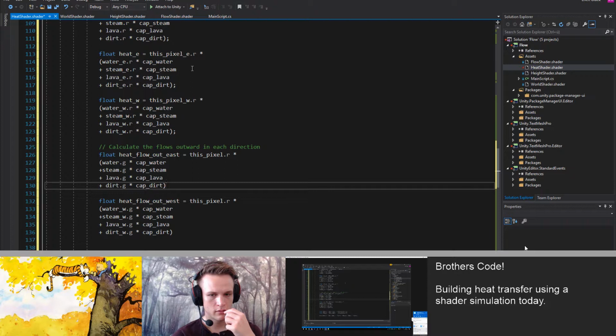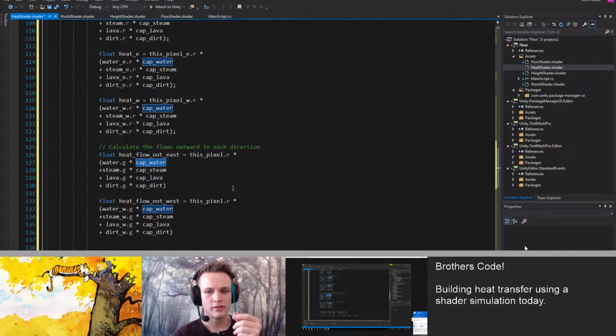Let's assume our cell only contains water, and there is a cell to the east that contains nothing, and half of the water flows to the cell to the east. The temperature should always be the same, because nothing's happening other than the material moving place. So this temperature times the water amount that flowed times the capacity of water, we move to the eastern cell.